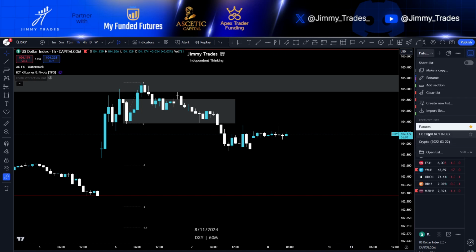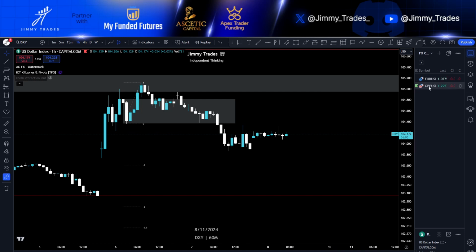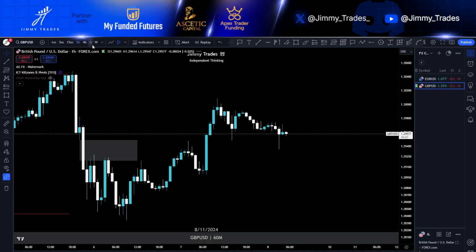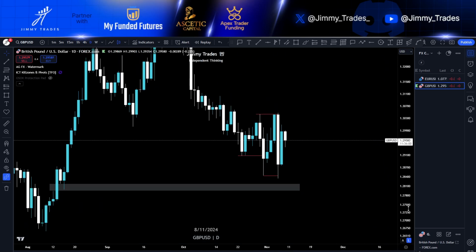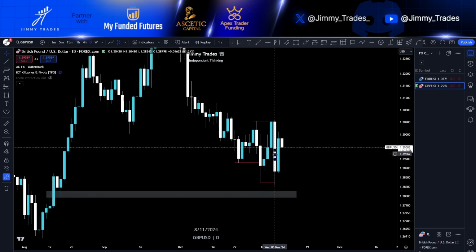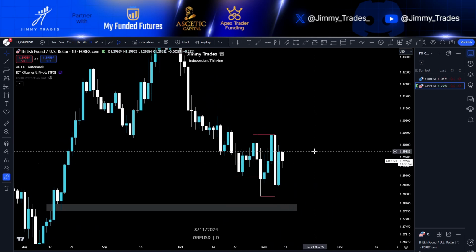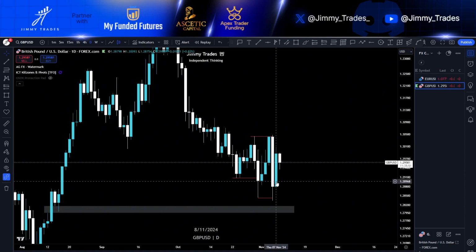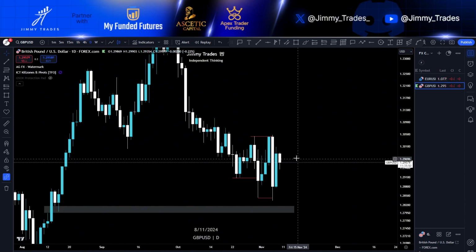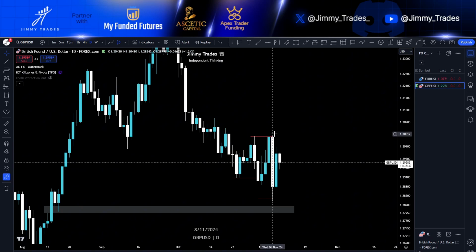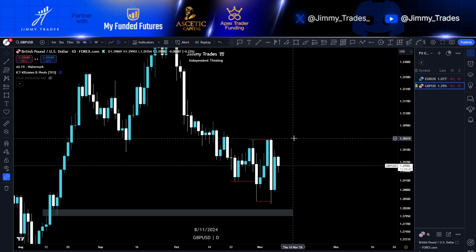Let's jump over to GBP. And again, nice. We had the bullish bias yesterday, and we're going to stick with that bias. We're moving from external, looking for price to reach to the next liquidity point.